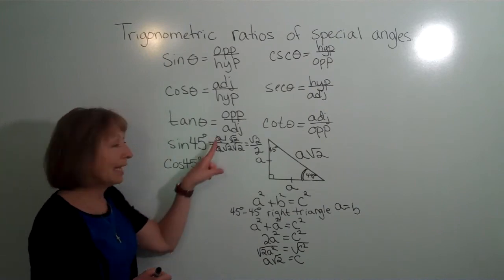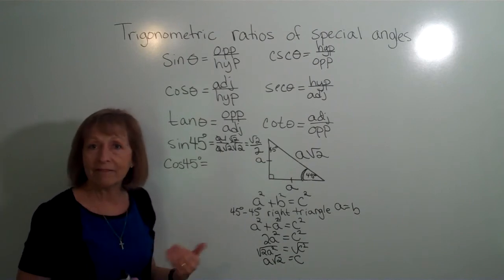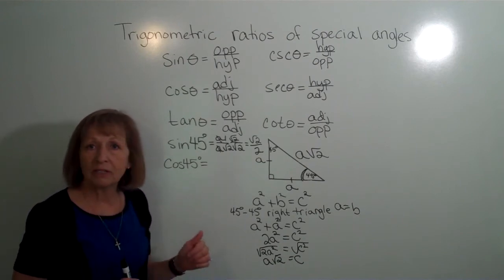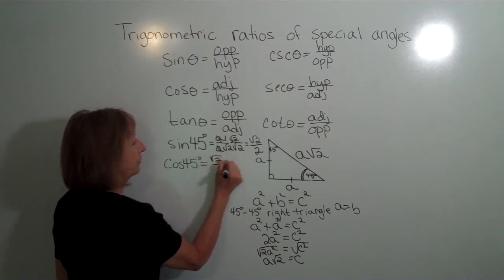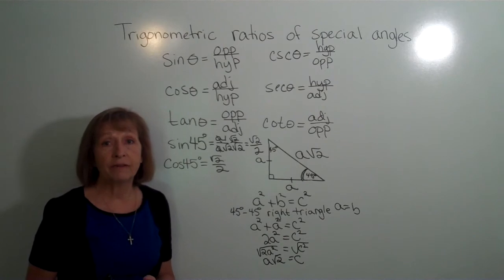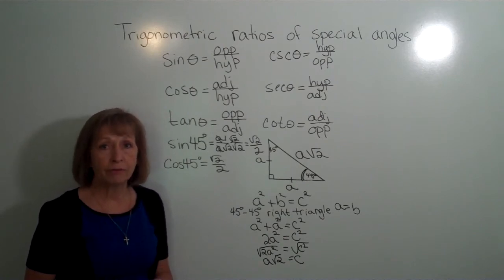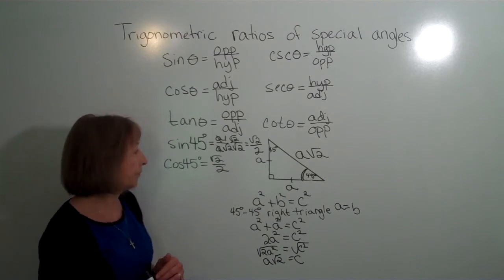So I'm still going to get A over A times the square root of 2. I'm still going to have the A's cancel. I'm still going to rationalize and get that that's equal to the square root of 2 over 2. So when you have a 45-degree angle, the cosine and the sine of your 45-degree angle are each the square root of 2 over 2.